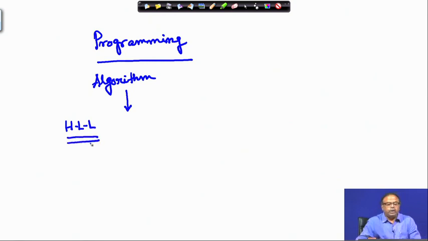Now, what we are going to discuss now is a particular high level language which is called C. We are taking C just as an example of a high level language, because we have to express the logic in the form of some high level language.